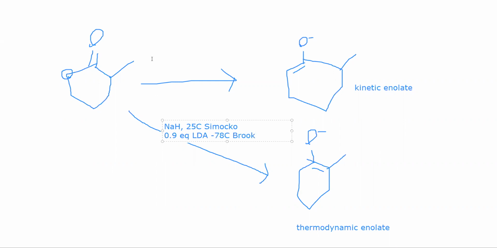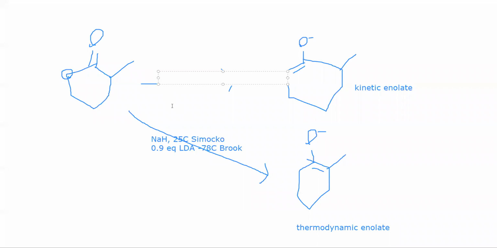I'm pretty sure I got it correct this time, even though I usually mess it up during workshop. And then to form the kinetic enolates, you would want to use LDA at negative 78 degrees Celsius for Samako, and then 1.1 equivalents of LDA. Depending on which enolate you formed, that's where you would add stuff, like adding electrophiles.